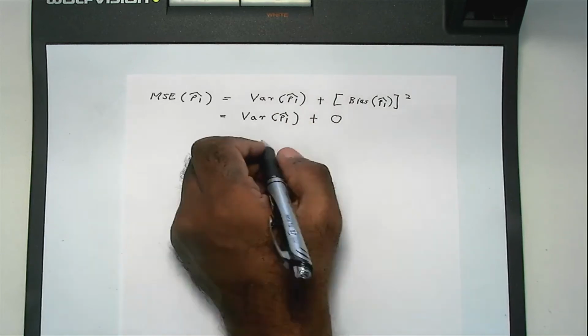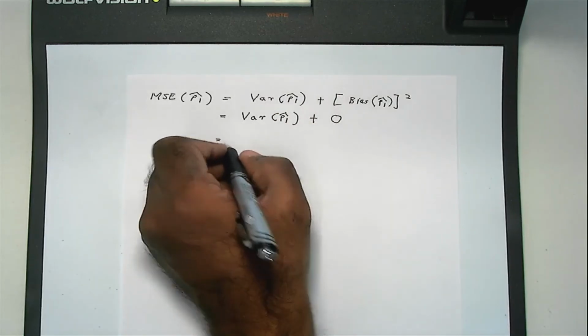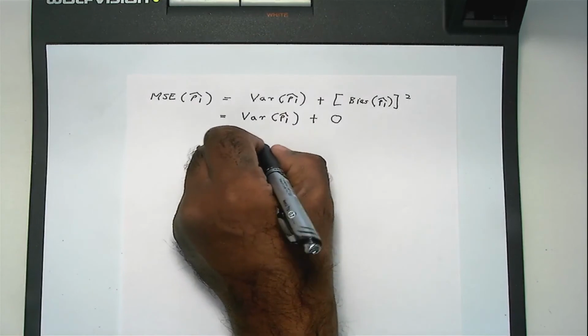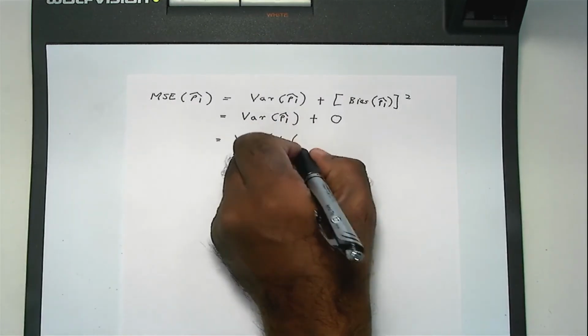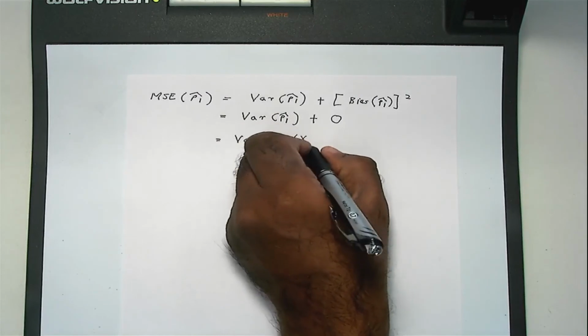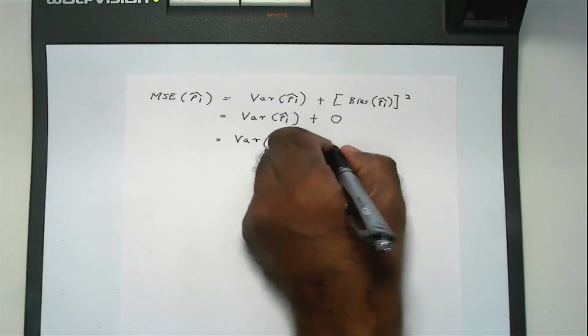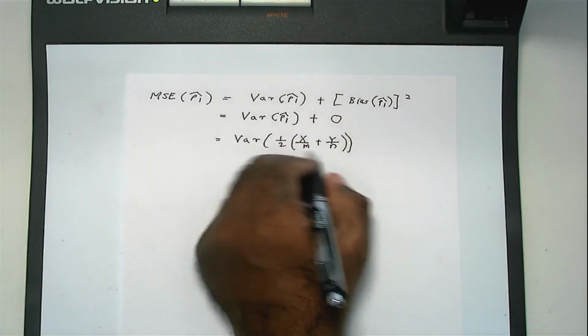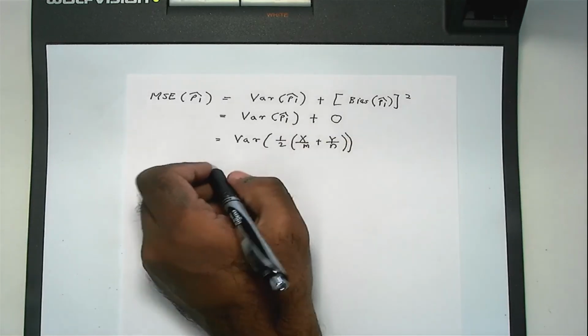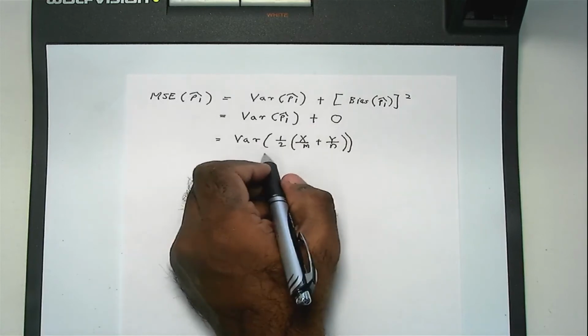Alright, so this will be the variance of P1 hat, which is half of x divided by m plus y divided by n. Now, taking the variance inside, you have to be careful when you pull the constants, you need to square them.